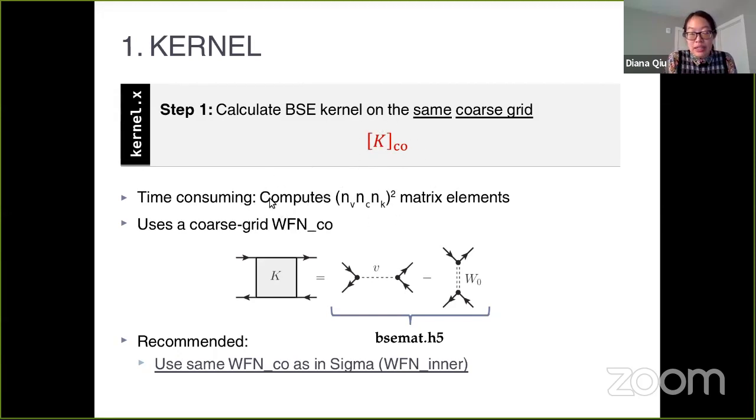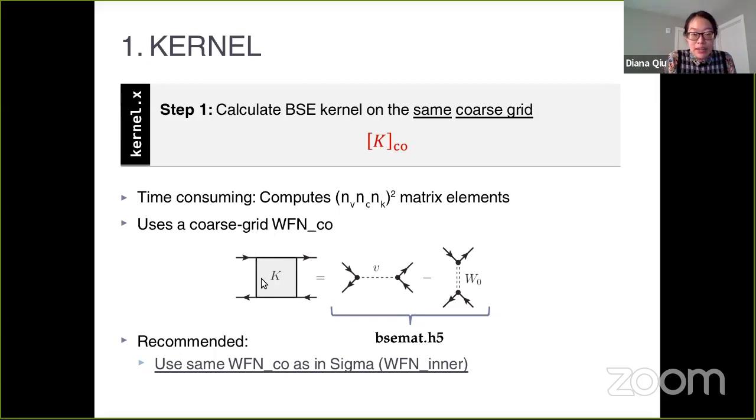Computing these kernel matrix elements, which are matrix elements between an electron-hole pair at one k point and a different electron-hole pair at another k point, means the size of the matrix goes as the number of valence bands times the number of conduction bands times the number of k points squared. So this is quite an expensive calculation.